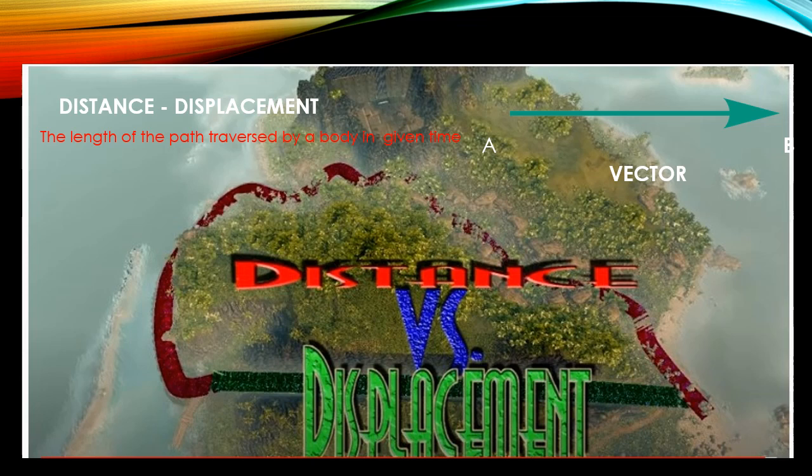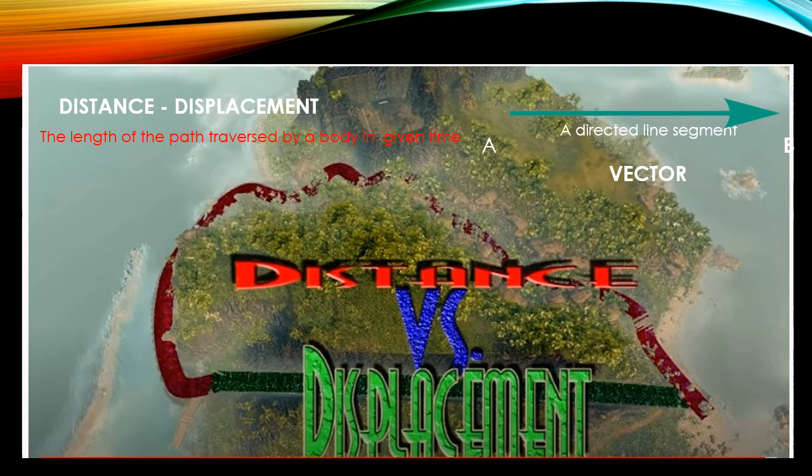If there is a specified direction, how can you represent quantities which have direction? We can represent them as vectors, as a line segment with an arrow.